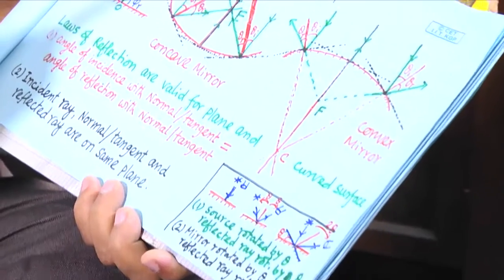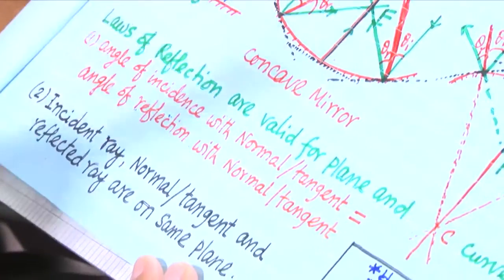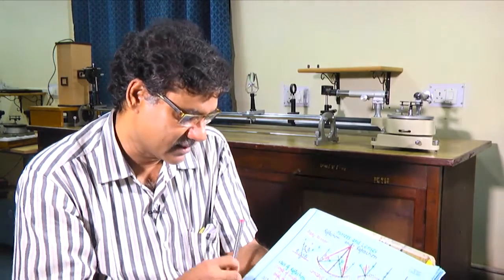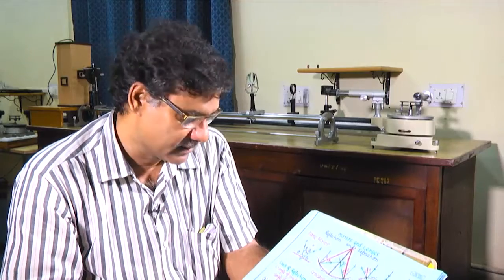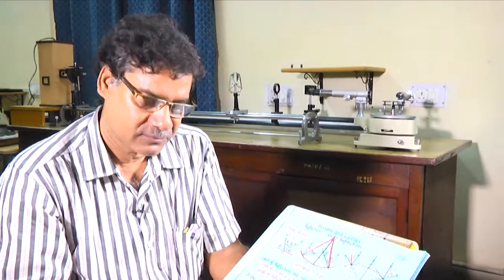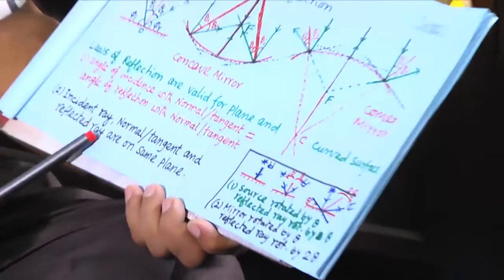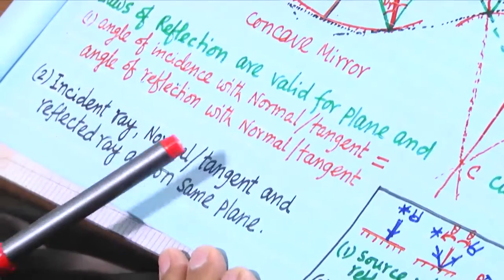When you are going to search for the reflected ray in 3-dimensional space, in which way will you get the reflected ray? You can find that out only by following the second law of reflection. The second law of reflection is basically that the incident ray, the normal or tangent, and the reflected ray will be on the same plane.